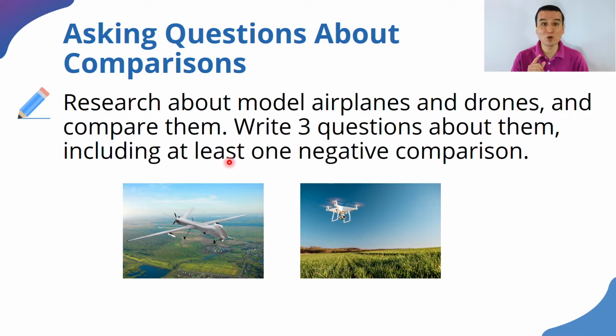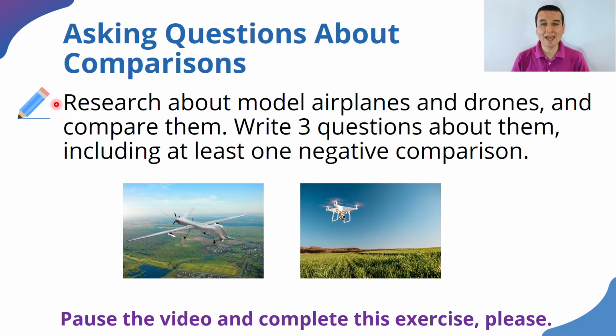It means that you're going to write the 3 questions that answer some of the information that you include in your comparison. Of course, you write the questions and answer them. Please pause my video, research about those two items, and write the comparison. And in a moment, I will see your 3 questions and I will show you some sample answers. Pause my video, complete the activity, please.